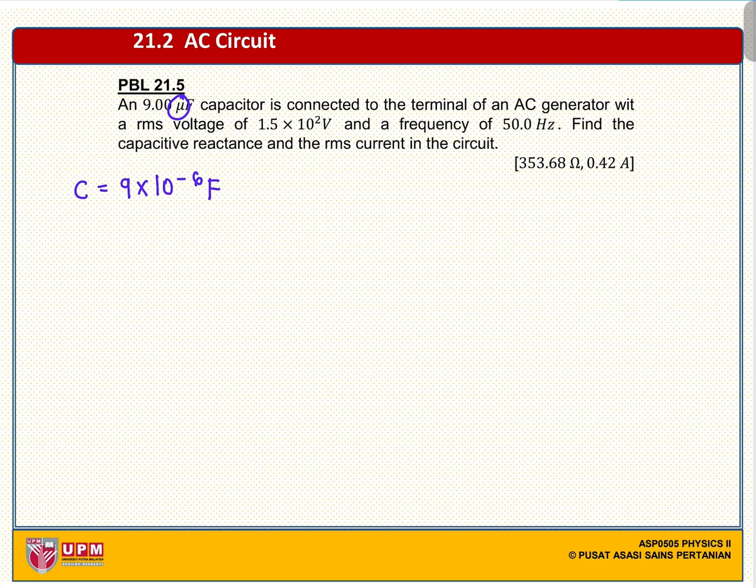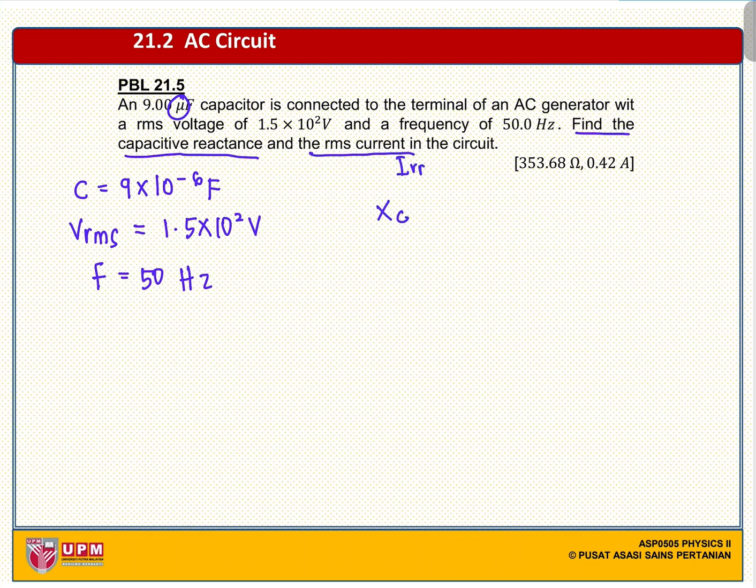And dia kata, connected to the terminal of an AC generator with a RMS voltage, VRMS of the source is equal to 1.5 darab 10 kuasa 2 volts. And frekuensi dia adalah 50 Hz. So, dia nak suruh awak cari the capacitive reactance which is XC dan juga the RMS current IRMS.